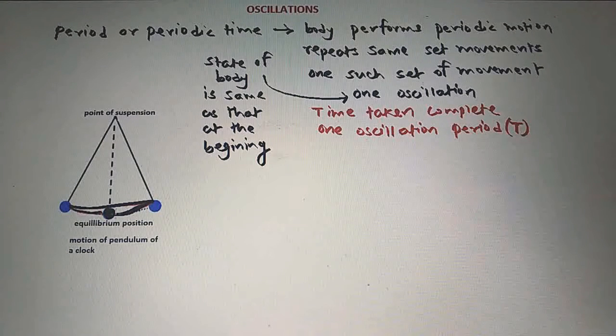That means the pendulum completes one oscillation. So the state of the body when it completes one oscillation is the same as that at the beginning. At the beginning, the pendulum starts from the mean position, and after completing one oscillation, it ends its state at the mean position.